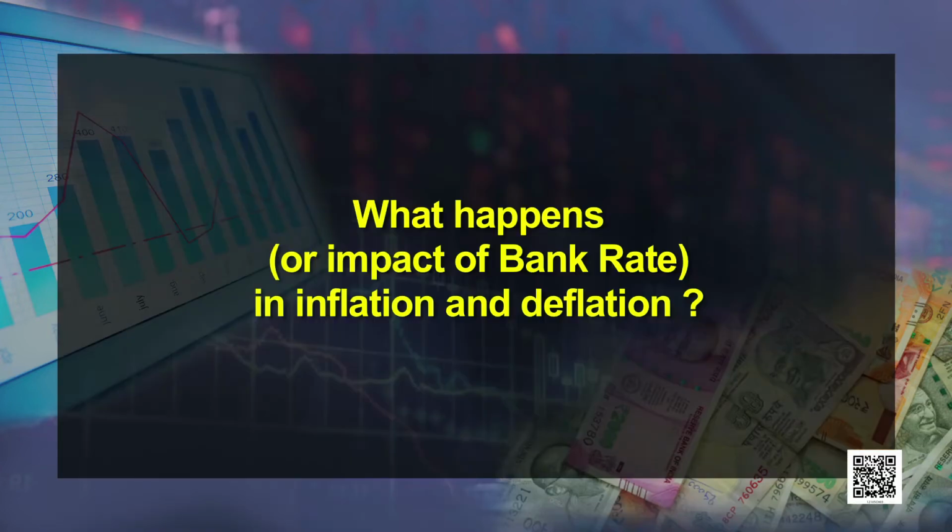Now what happens in inflation and deflation? In inflation, as I have already told you, the central bank forces the commercial banks to lend less money to the public because there is huge purchasing power in the economy. As people have more money, they spend more and it leads to inflation. So the central bank advises the commercial banks not to lend money.